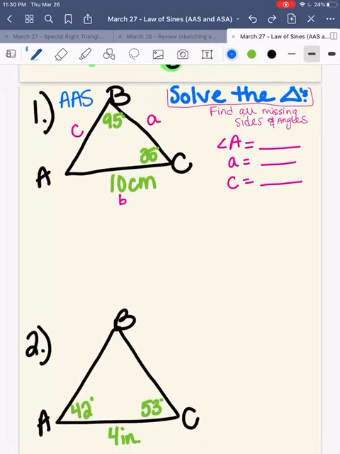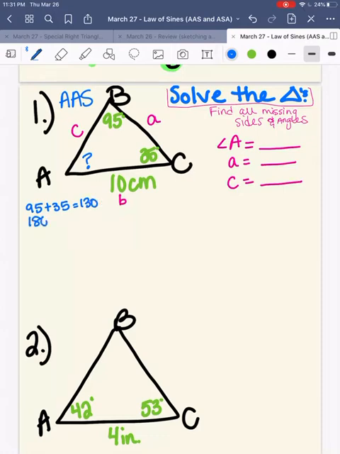I'm going to start with, I don't know if y'all see this, but pretty quickly I know I can find this missing angle A very easily because I know the two angles already. If I add 95 and 35, I get 130.